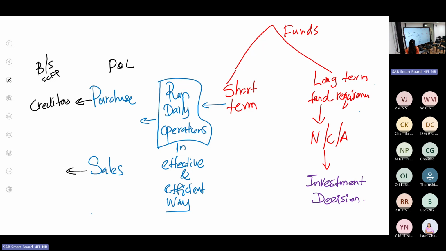So a daily operation, purchase, which is mentioned in the P&L, is linked with the balance sheet creditors. Daily operation, sales, is linked with the SOFP item, debtors.